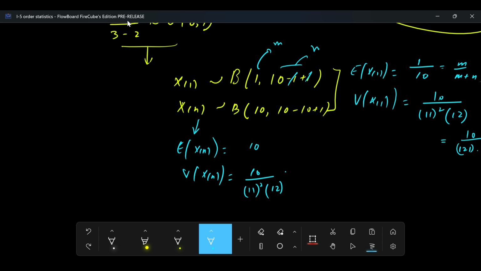Or if you are asked to find the expectation of 1 minus x1, what will be the value of this expectation?